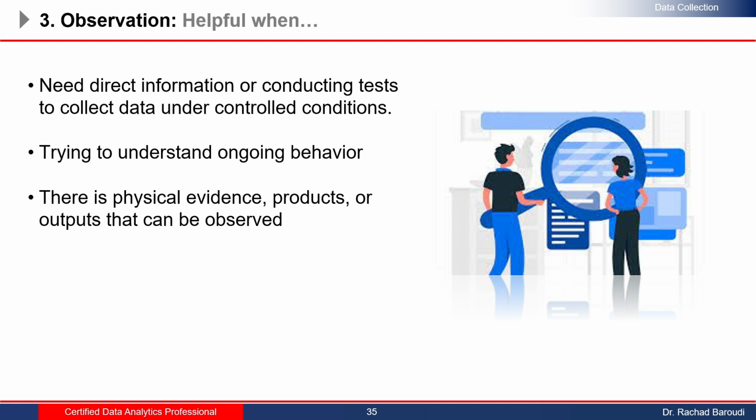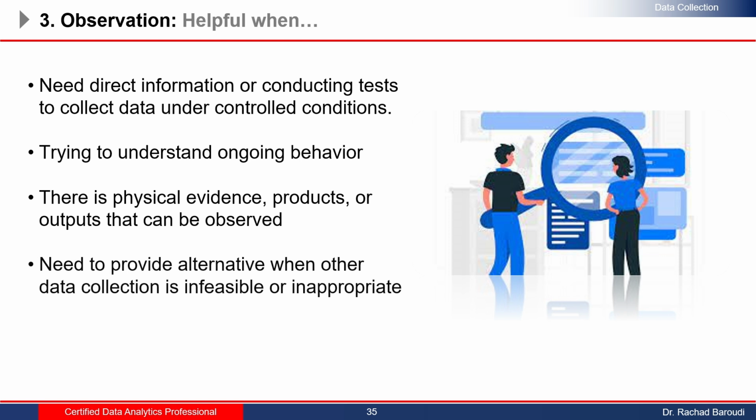There is a physical evidence, products or output that can be observed. Need to provide alternative when other data collection is infeasible or inappropriate. So it's not the best and the easiest one to use, but sometimes you have no choice but using the observation method.